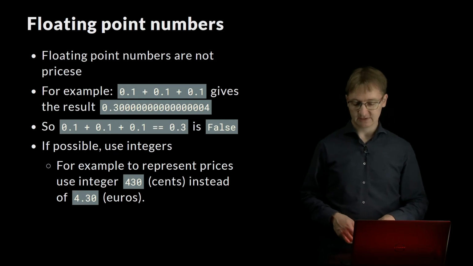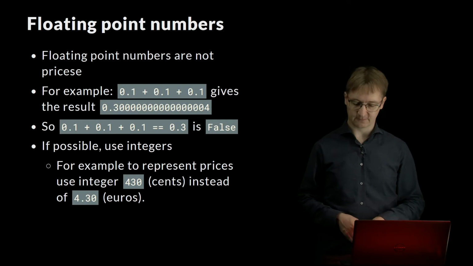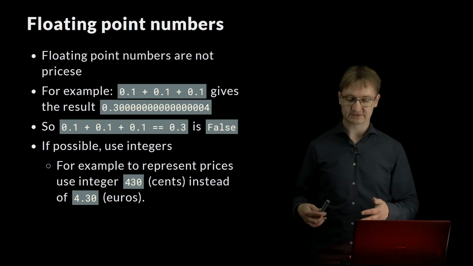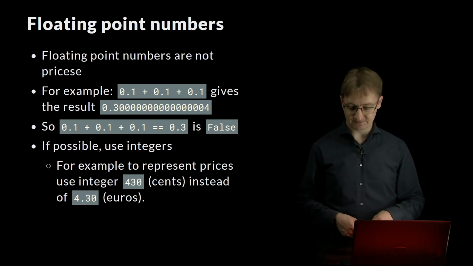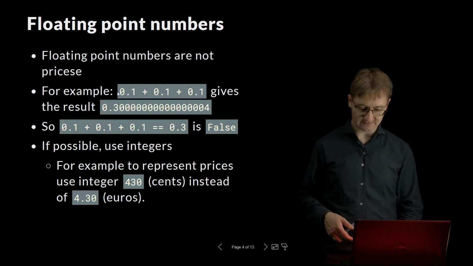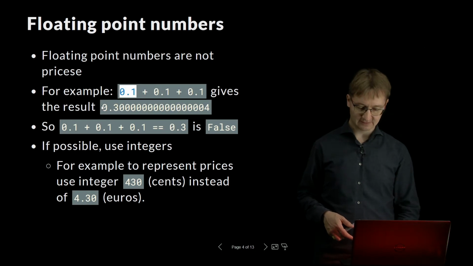So instead of 4.30, we could use just 430, and it's an integer. And now if we add up, for example, 10 cents 3 times, we end up with 30 cents. But in this case, if we would use euros, we would end up with something like that.